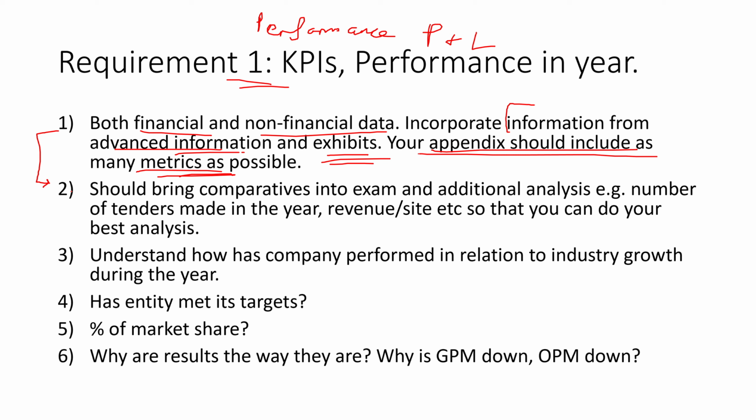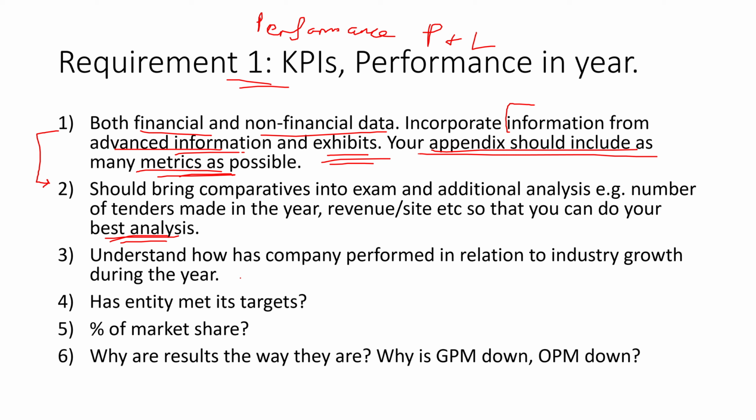If the comparatives are in a presentable, easy to understand way, you will speed up the process of typing up the appendix. Okay, so that's how you can save time in the exam, is to have a good Excel spreadsheet summarizing the key data.